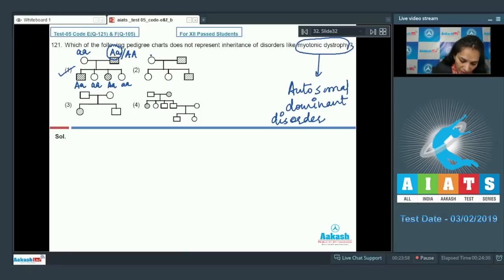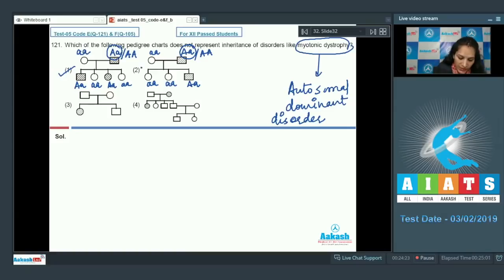Second one, again this should be recessive as this female is not affected, and it should have capital A and small a, or it can have capital A, but here again in the progeny, some of the progenies are normal. It should be considered heterozygous only. So this should be small a, and this capital A and small a.